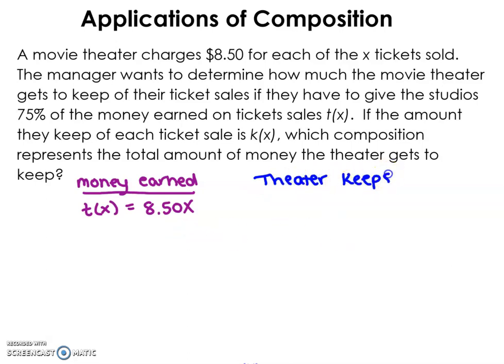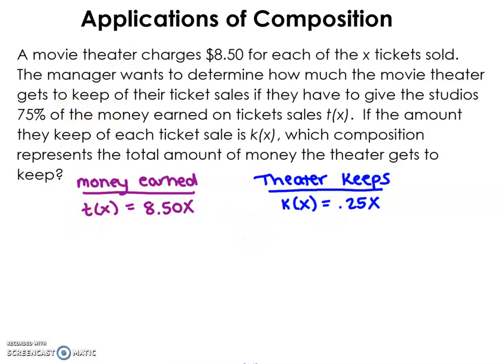Well, we know that the theater has to give 75% of what they earn to the studios. So if the theater is giving 75% away, that means that they're keeping 25% for themselves. So K of X, how much the theater keeps, would be 0.25X. So the total amount of tickets sold times 0.25, so 25% of them.